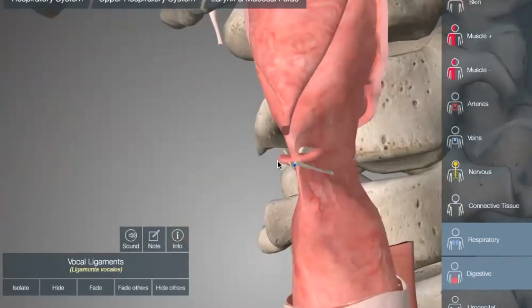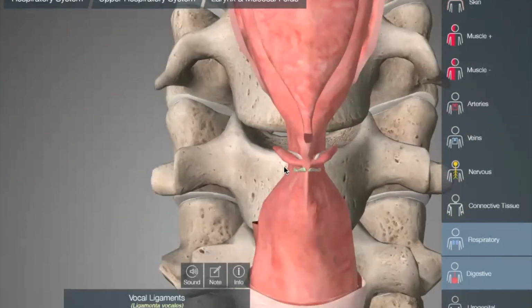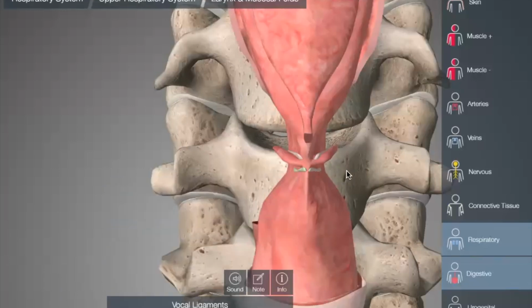So if I cut this part like that, from here, and these are the vocal ligaments, if I cut it like this and take this slice out and look at it, between those two folds there is a very small opening called the rima glottidis.